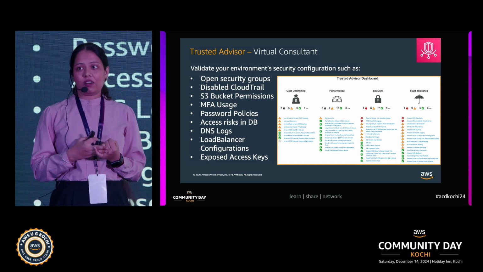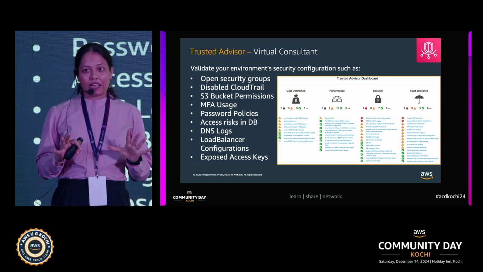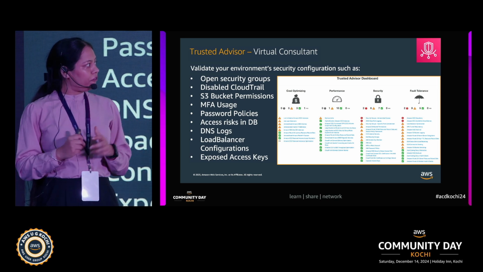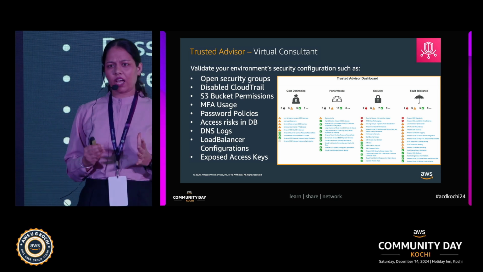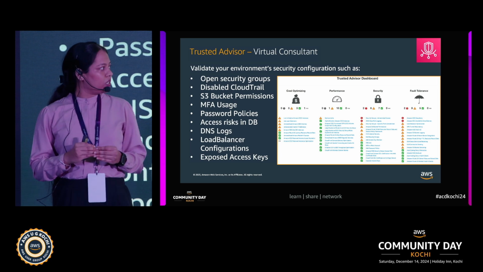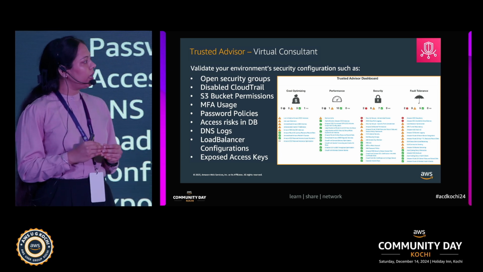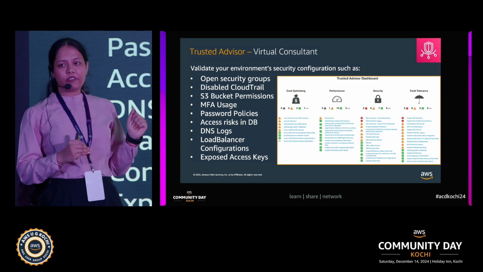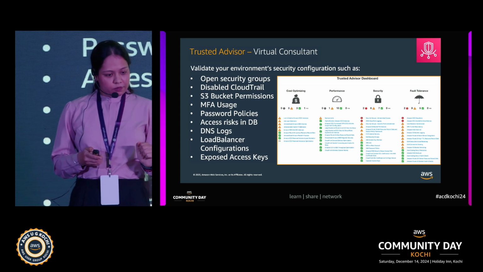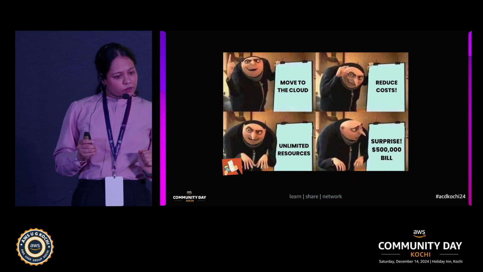If it is red, you need to stop and analyze what's going on in your infrastructure. If it is orange, then you can take your time, analyze if it is required or not, then you can do the changes suggested by AWS Trusted Advisor. Then we have green, that means all okay, everything is running perfectly fine.